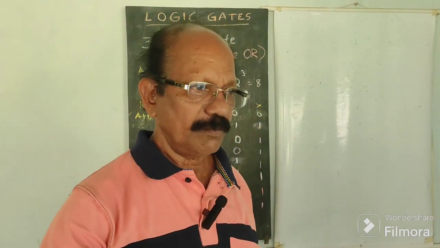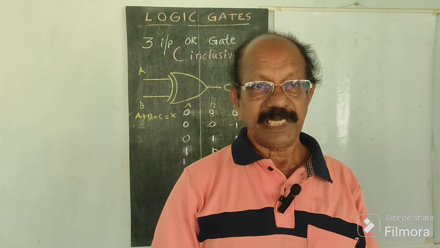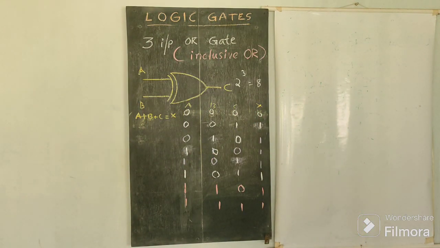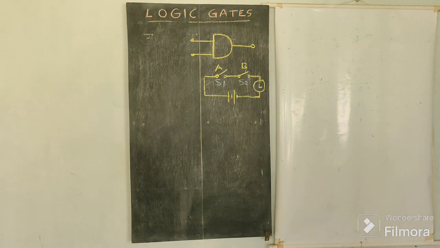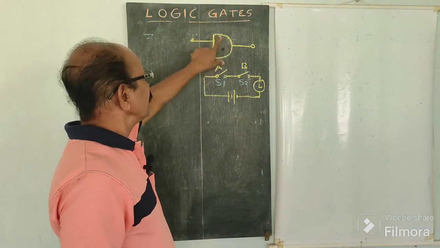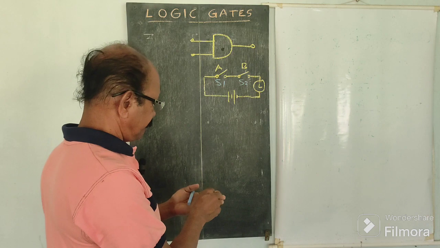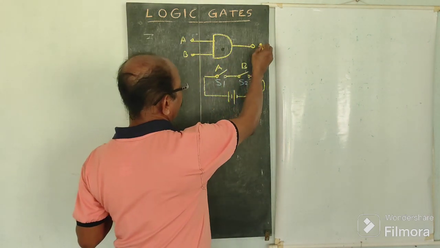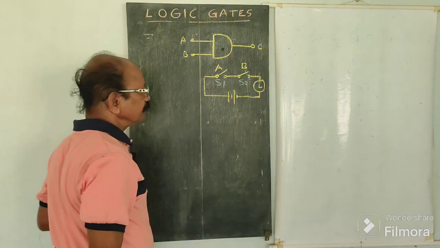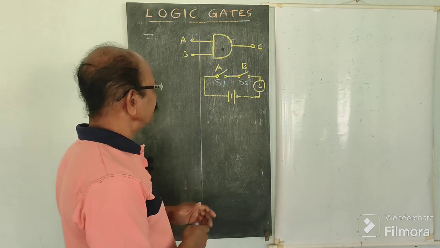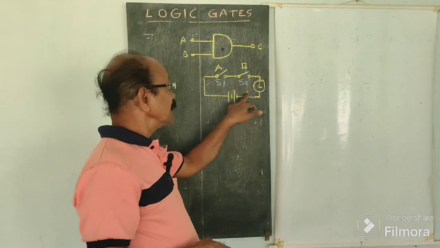And now I am going to explain the AND gate. This is the AND gate logic symbol. Here the inputs are A, B, and this must be C. It is a very simple way to explain with this diagram.